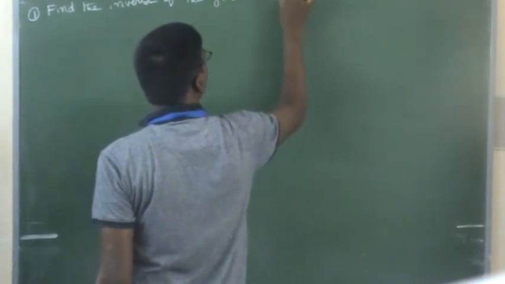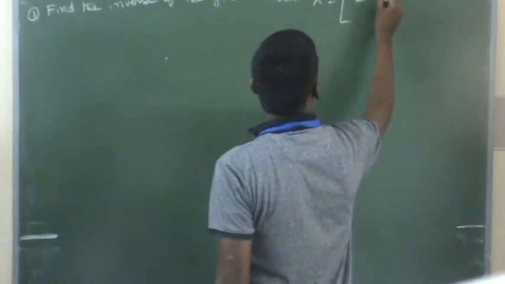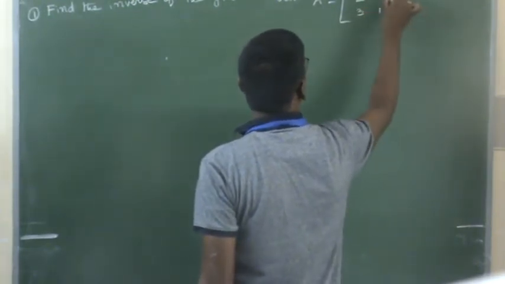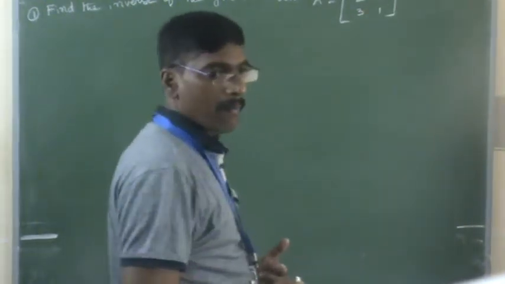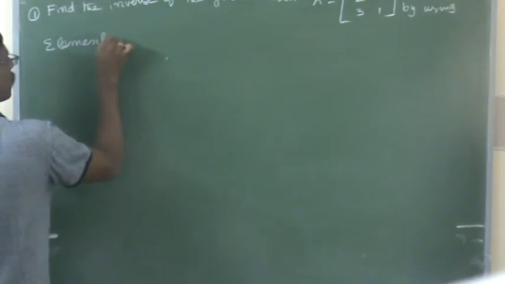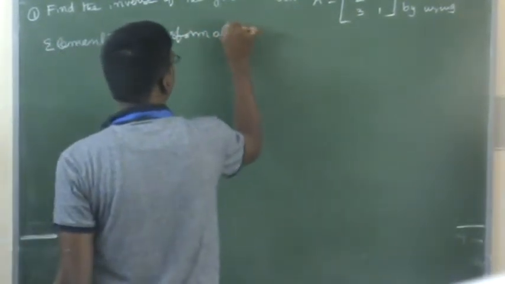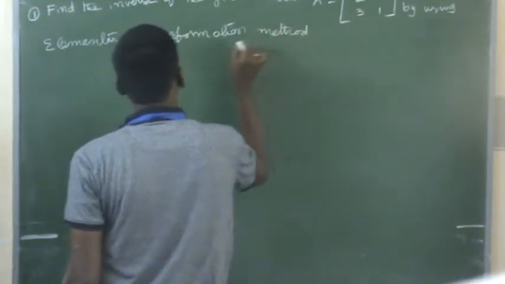Find the inverse of the given matrix A, 2 1 3 1, by using the elementary transformation method. This is the problem.